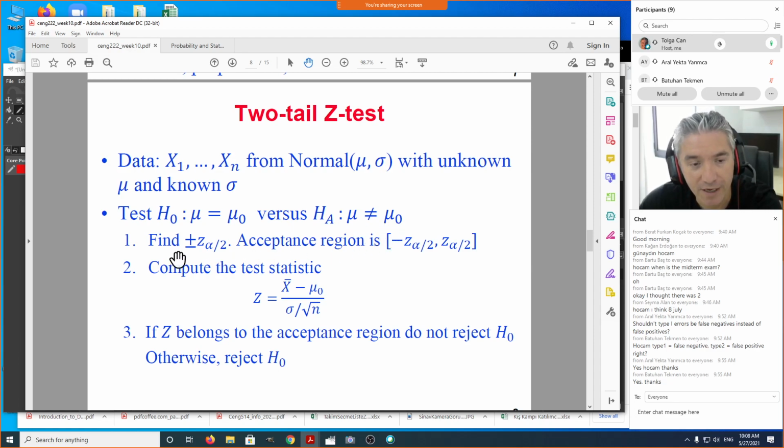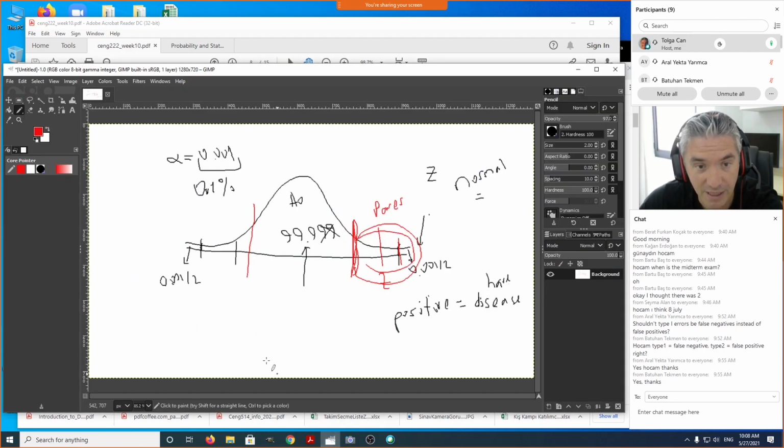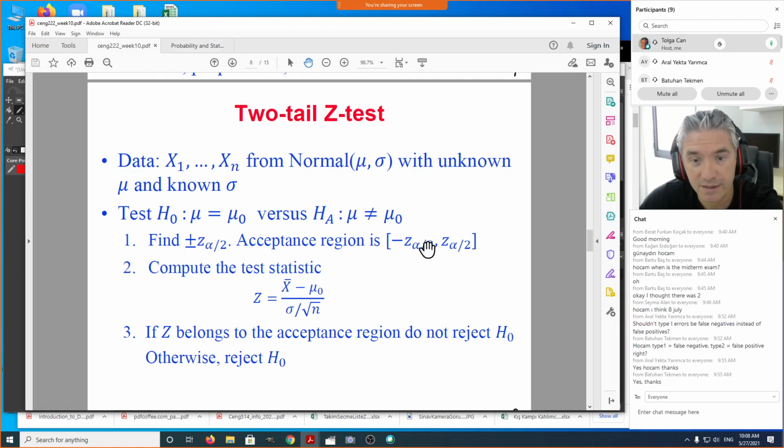So we first find this z alpha over 2 that defines our acceptance and rejection region. So this looks like a confidence interval, but it's in the standard normal table. Here is 0, and this is z alpha over 2 on each side.